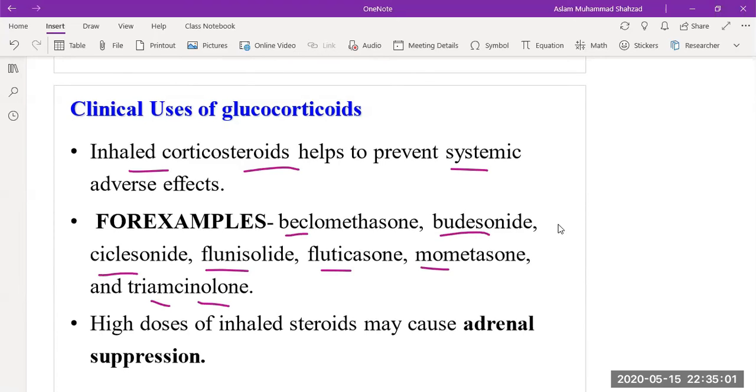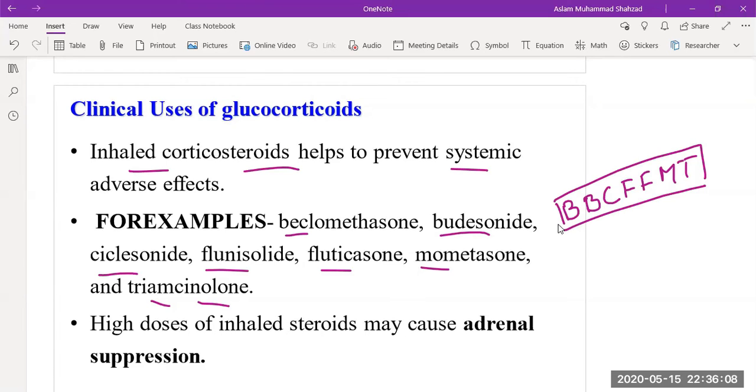Again, make some keywords like B for beclomethasone, B for budesonide, C for ciclesonide, then F for flunisolide, F for fluticasone, M for mometasone, and T for triamcinolone. So you can make your own abbreviation with these words, taking the capital letter of each medicine.